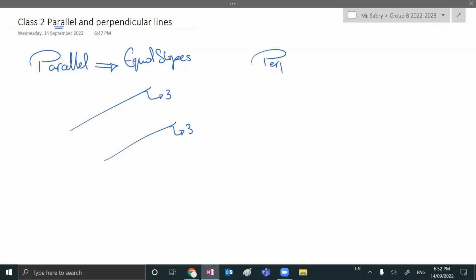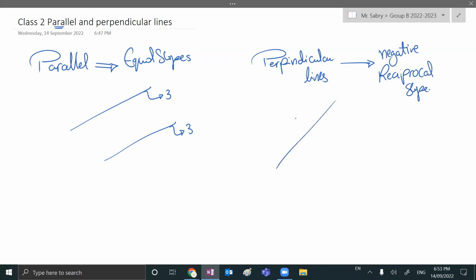On the other hand, if we're talking about the perpendicular lines, in your mind should right away reflect something called negative reciprocal slope. What does that mean, the negative reciprocal slope?